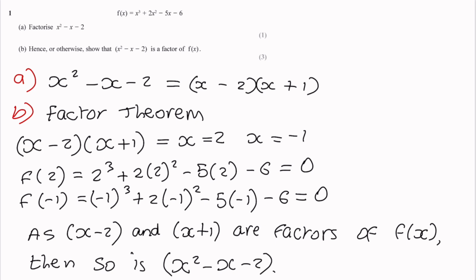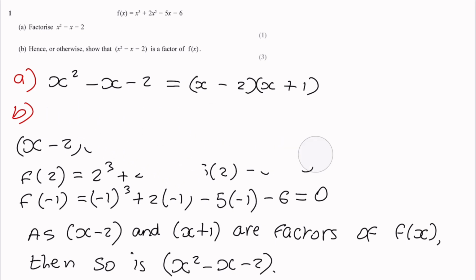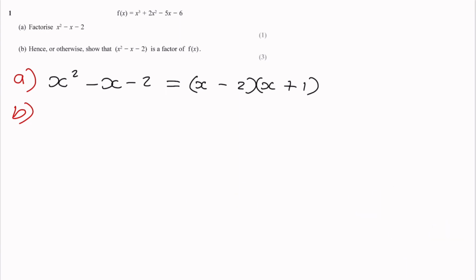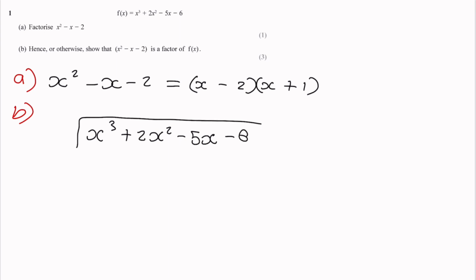An alternative method for solving part b would be to do algebraic long division to show it is a factor. So we would be dividing x cubed plus 2x squared minus 5x minus 6 by x squared minus x minus 2, and if there's no remainder, then it would prove that it is a factor. So to do algebraic long division, how many times does x squared go into x cubed?